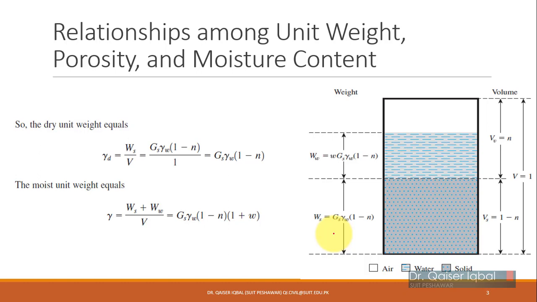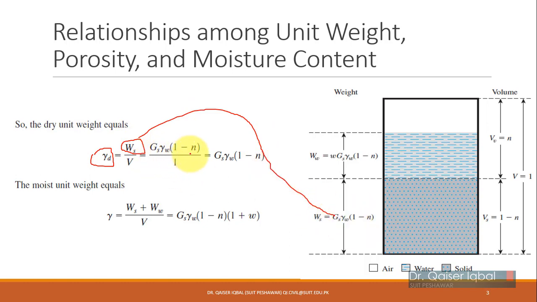So first of all, deriving the relationship for dry unit weight. Now you know that the dry unit weight is equal to weight of soil solids divided by the total volume. Alright, so now replacing the values over here, you know Ws as we determined on the previous slide, the weight of soil solids, that is equal to Gs into gamma W into 1 minus n.